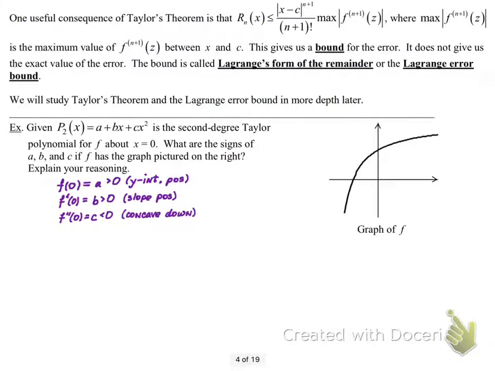The whole entire slope is positive. So f prime of 0, and then we get to our second derivative, and when we take the second derivative we see that it is concave down, or our second derivative is negative. That right there should seem pretty straightforward to you.